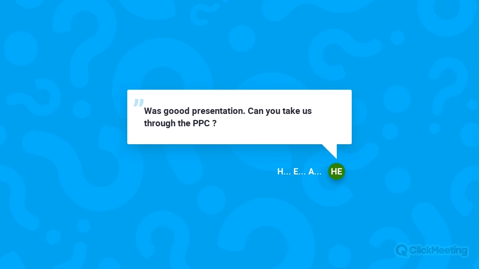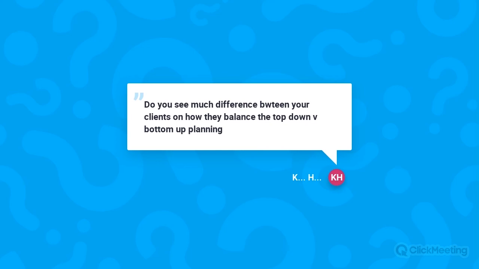Do we see much difference between your clients on how they balance the top-down versus bottom-up planning? Yeah, it varies from client to client. Obviously, certain companies have worked their way for a number of years, so sometimes it's ingrained in that company to still do that top-down approach, or to only get the last planners involved later on in the process.